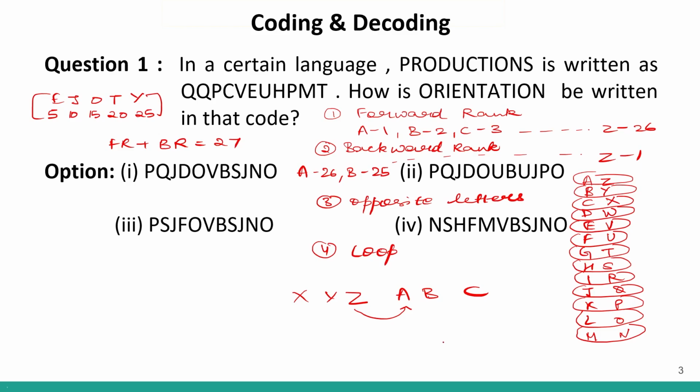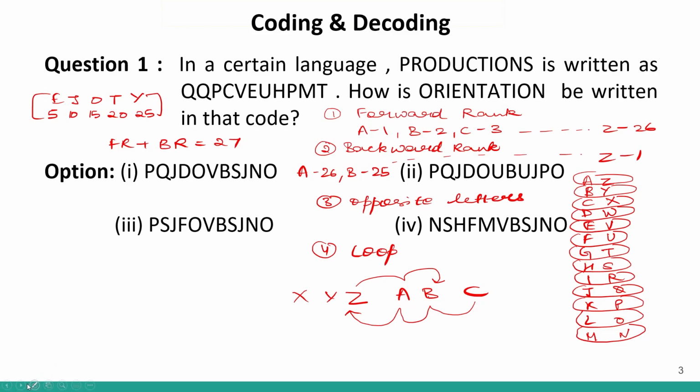We start again from A. Similarly, if I have to move two positions forward, two positions forward from Z will give me B. Similarly, if I have to move three positions backward from C, now we do not have any alphabet before A, so we will go back to Z. So three positions back from C will be 1, 2, 3, which is Z. Clear? So based on these four concepts, we can solve any question on coding and decoding.